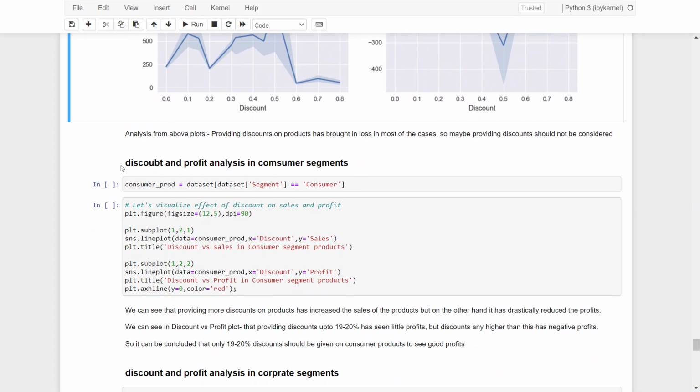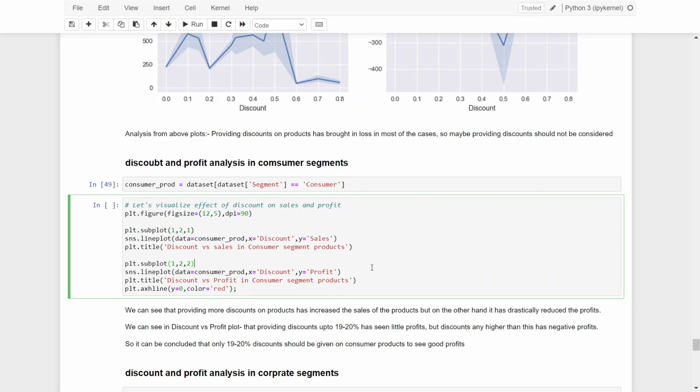After that, I'm going to do the discount and profit analysis. Sorry, I have this misspelled here, so please ignore it. Discount and profit analysis in the consumer segment. So I'm going to run this code, and after that I'm going to visualize a plot.